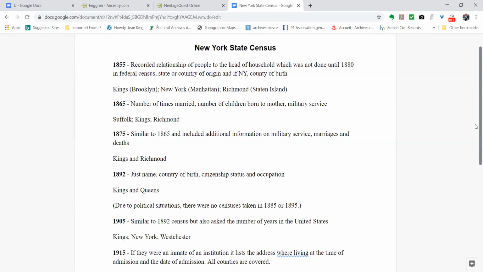1875, just Brooklyn and Staten Island. 1892 is Brooklyn and Queens. Then it didn't pick up again until 1905. And in 1905, you could find Brooklyn, Manhattan, and Westchester.